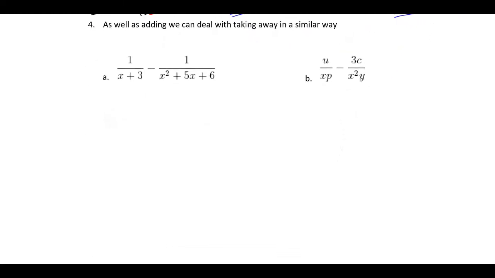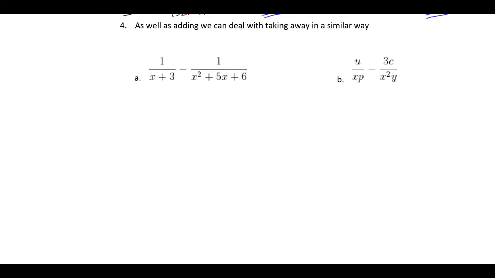Moving on to the last part now, I just want to talk about how we actually will deal with taking away. Well, what we'll do, let's look at this problem here. Right, this looks kind of similar to what we did before, so let's see if we can factorize it. We have 1 over x plus 3 minus 1 over, factorizing that quadratic, we get (x + 3)(x + 2).